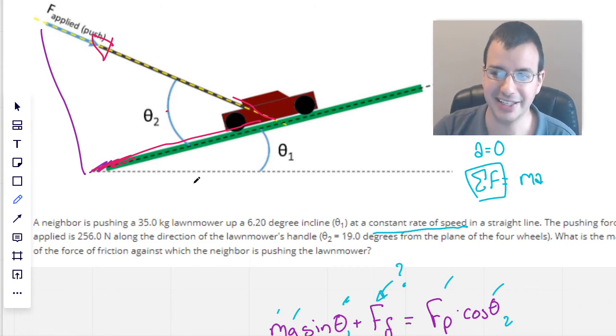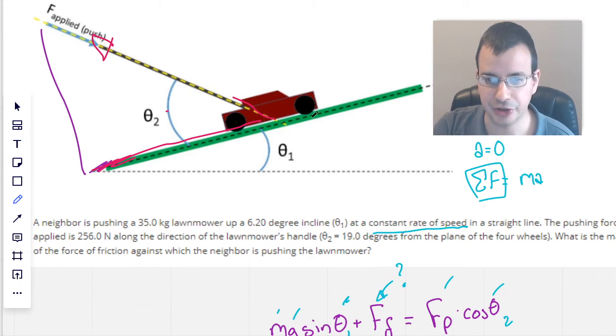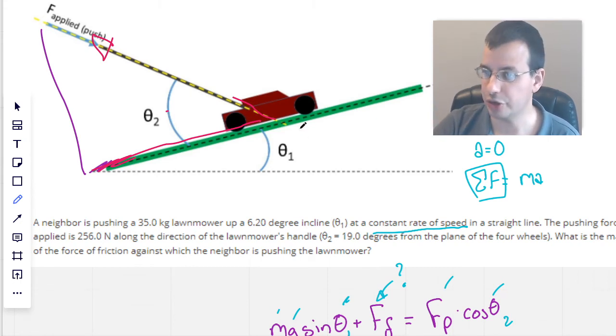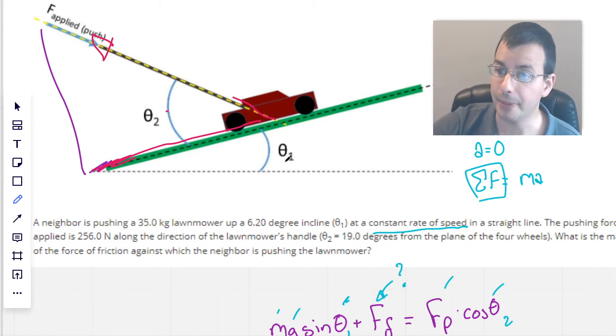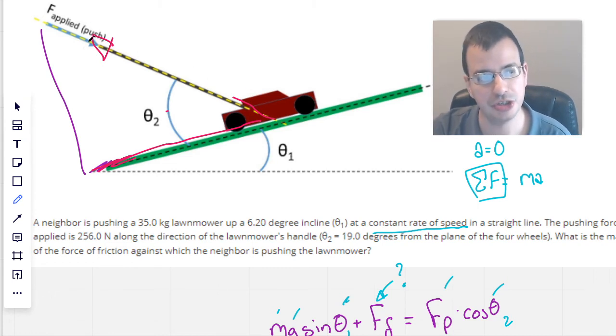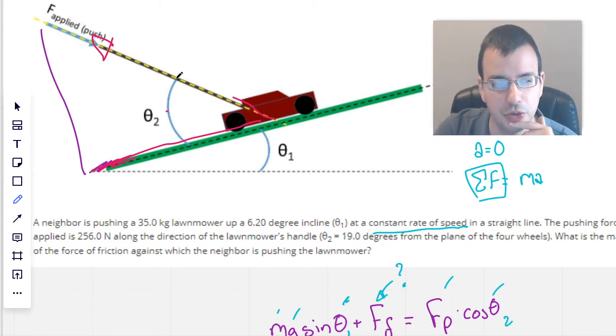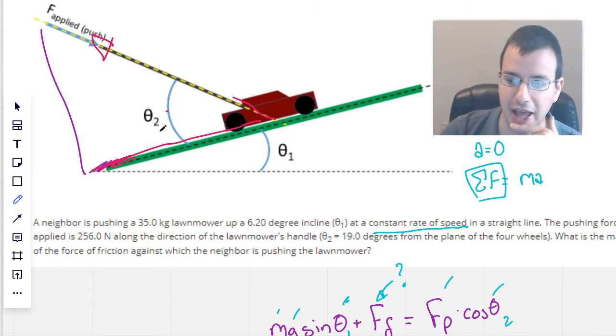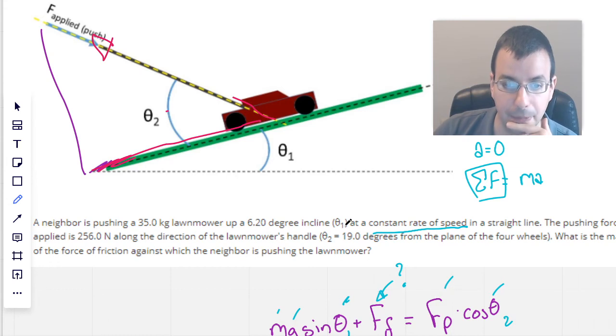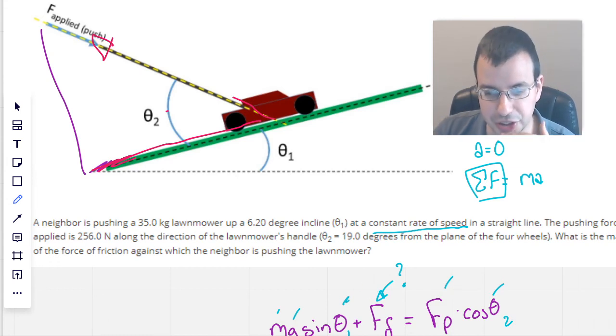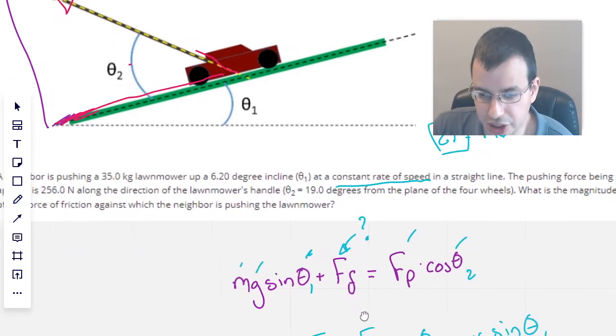Downhill, they were mg sine theta and then force of friction. Force of friction always opposes the direction of motion, since we're being pushed uphill. Uphill was due to the force applied being pushed. We knew this angle and cosine of theta, so we knew how much force is pushing uphill. Set those equal to each other, and then we just solved.